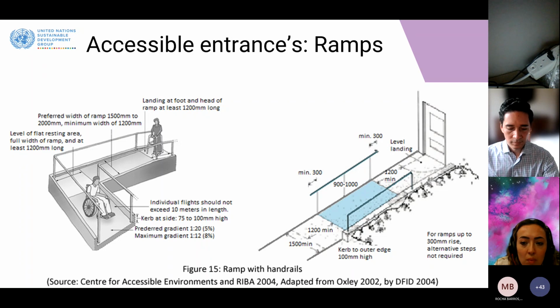Also, when you consider the material to be used in the handrail, be sure to use a material that wouldn't be very cold to the touch, because some persons with invisible disabilities, some persons on the autism spectrum, have sensory stimulation issues that would make it very hard for them to touch a very cold or a very hot surface. So be sure to use a material which is not very cold and not very hot to the touch.